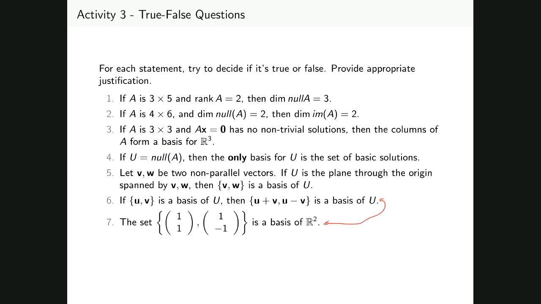Okay, so notice that if we take E1 in the following way, then we get that E1 plus E2 is 1, 1.